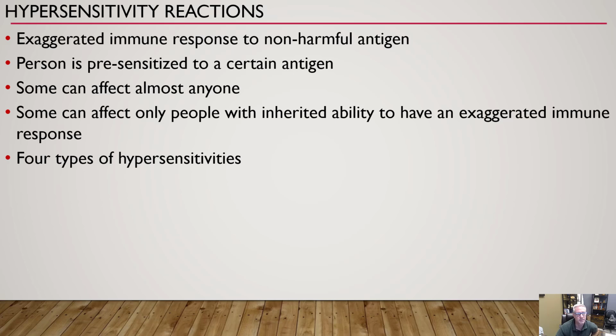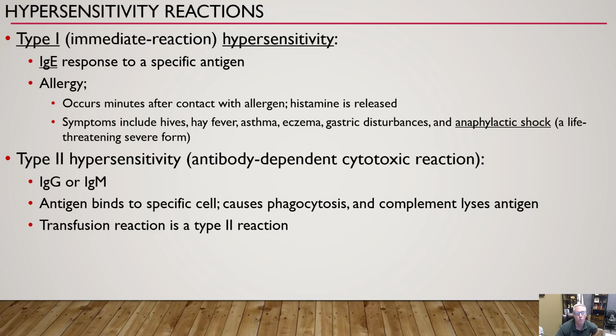Type 1, basically you're going to see this immediately. It's a type 1 immediate reaction hypersensitivity. You're going to see an increase in your IgE response. It is a specific reaction, and you're going to see this happen within minutes of contact. Your mast cells are going to dump out a ton of histamine. Remember, mast cells, histamine, vasodilation, huge drop in blood pressure.